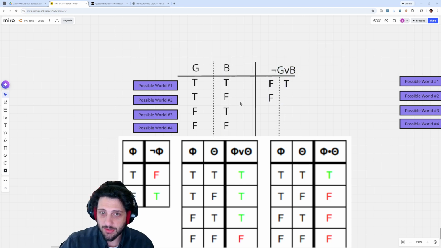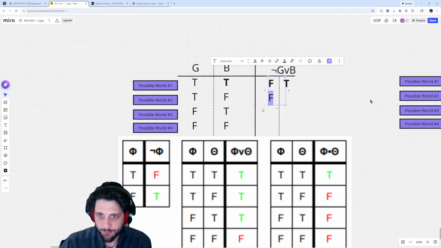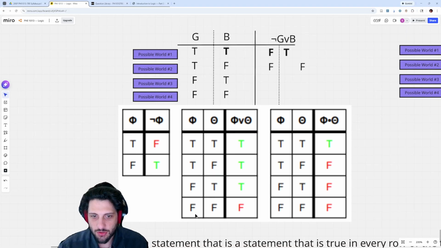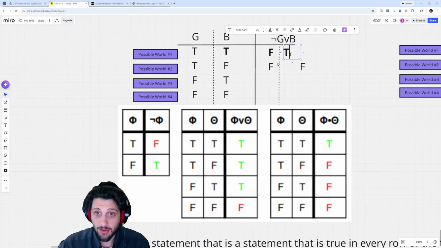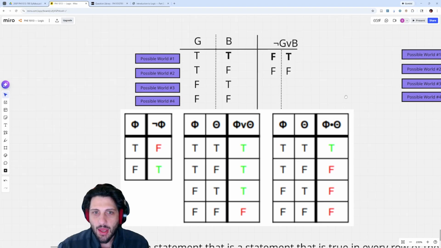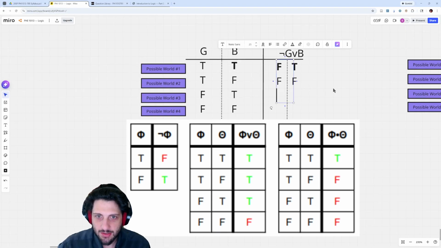So we have a false on the left, a false on the right. And when we look at our truth table, it says if you have a false on the left and a false on the right, then the disjunction should also be false. Okay.